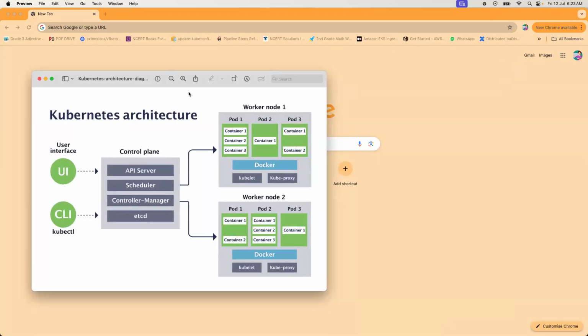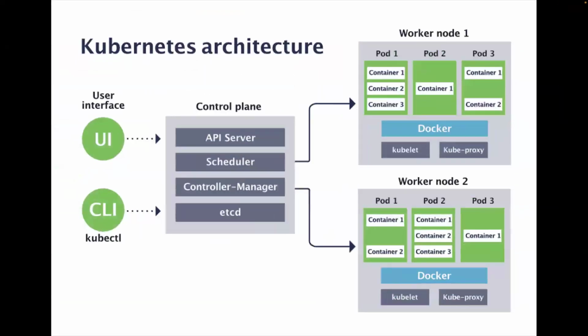So this is the architecture of Kubernetes. Coming to the setup, the Kubernetes cluster setup can be done in multiple ways. You may set it up on-premise, or even though the setup differs, the commands are the same.